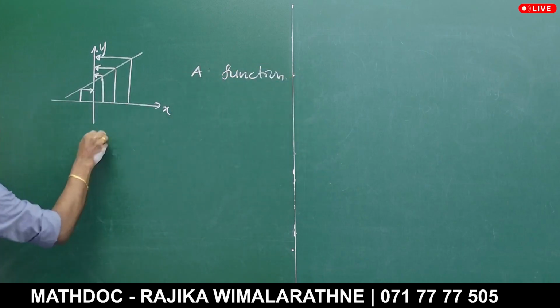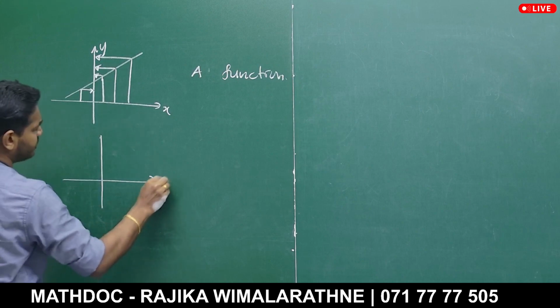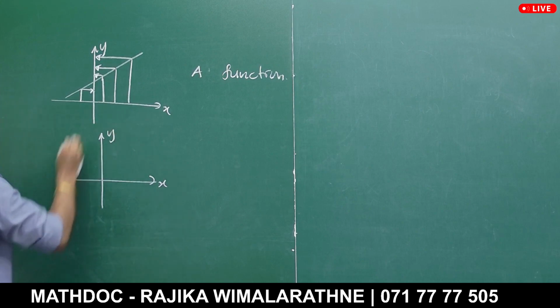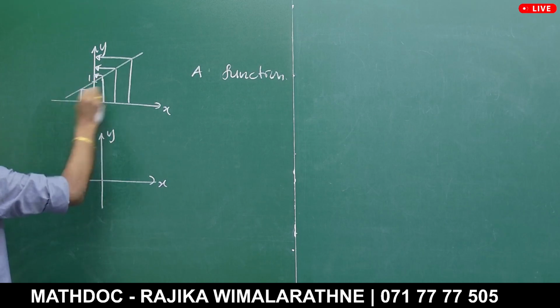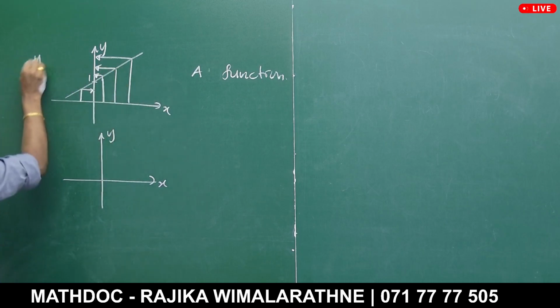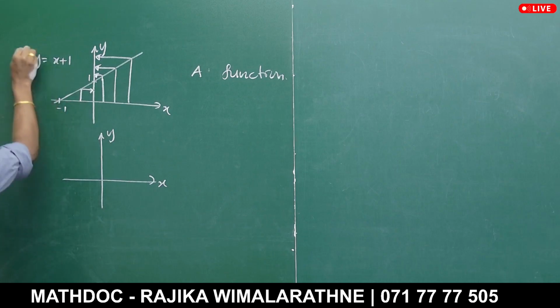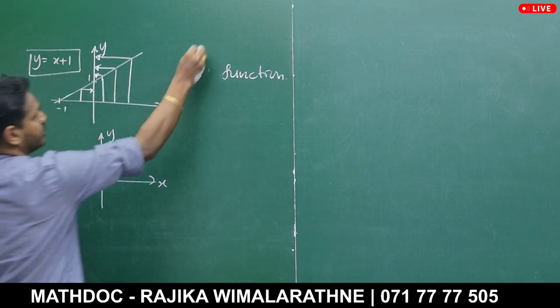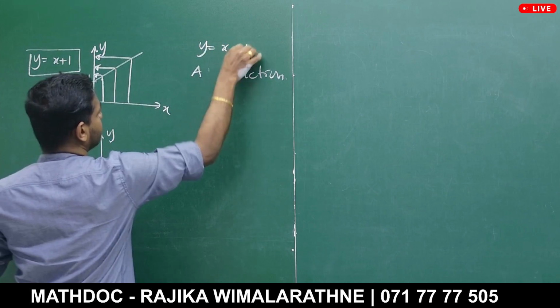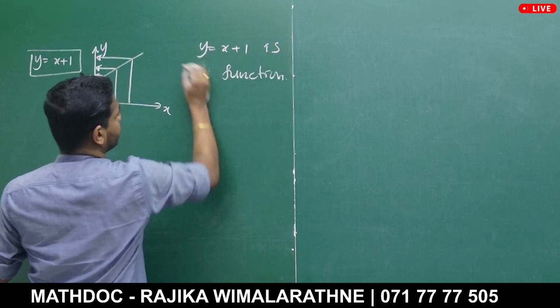See another one. Here you take this graph, xy. Let this cut 1, then y equals x plus 1, here minus 1. y equals x plus 1 is a function.